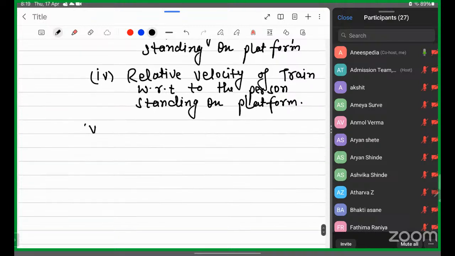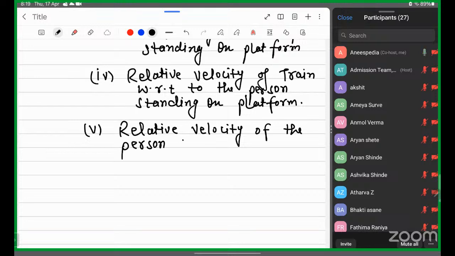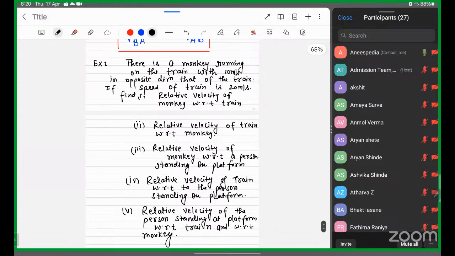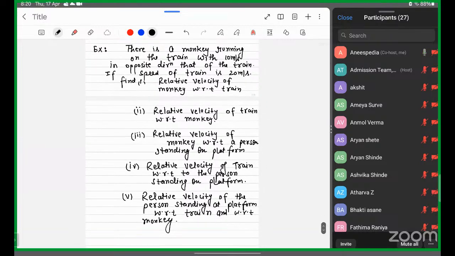Last is, what will be the relative velocity of the person standing at the platform with respect to the train and with respect to the monkey. Understood? This is homework for you.